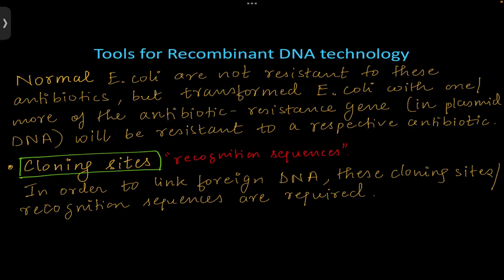So when you want to insert your gene of interest or foreign piece of DNA into a vector, you have to digest both your foreign DNA as well as the vector DNA with the same restriction enzyme. And where will the cut be made? The cut will be made at the cloning sites.